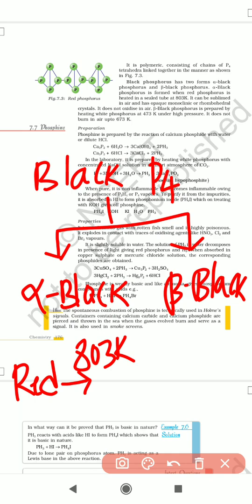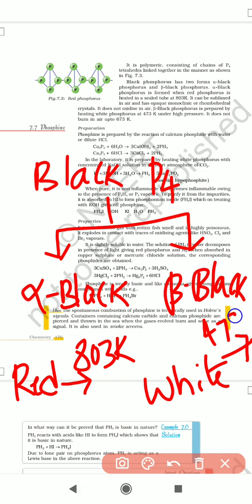It will be available as monoclinic crystal or rhombohedral crystal formation. And white phosphorus, if you apply heat energy up to 473 Kelvin temperature, we will get beta black phosphorus, right?